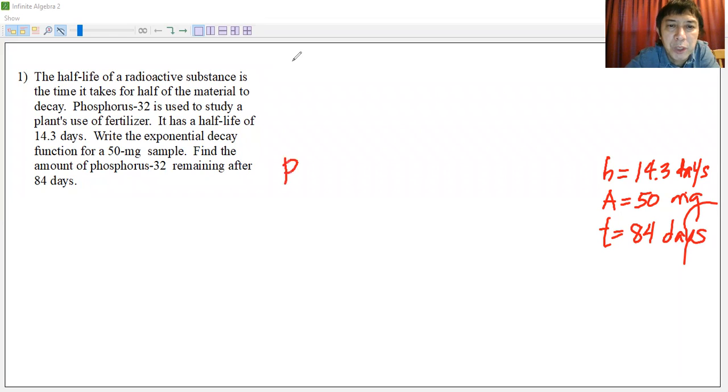All right, let's use the formula. Amount remaining P, a function of time, is equivalent to A times the quantity 1/2 raised to the exponent T over H. Here's the formula. Now, we're asked to write the exponential decay function for a 50 milligram sample.